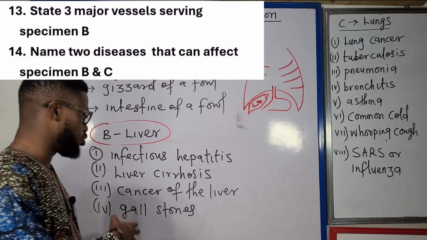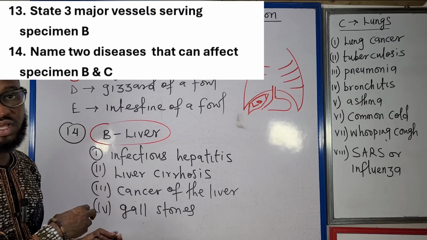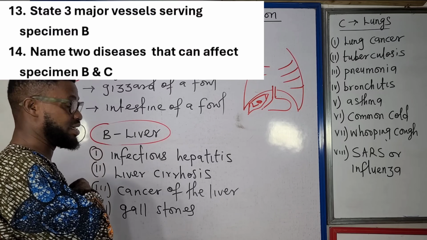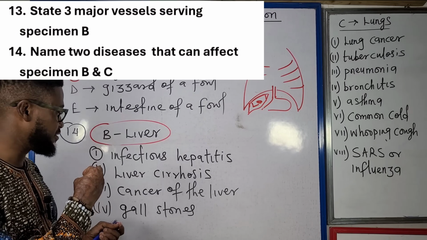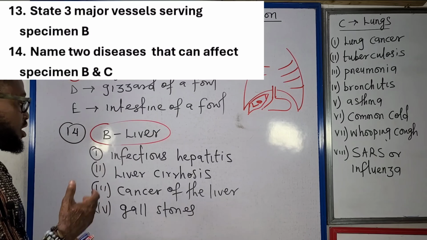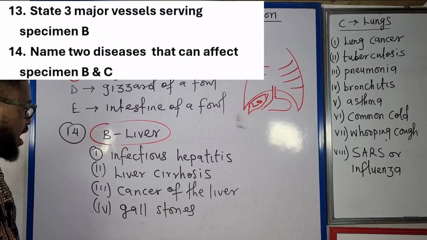Then we have gallstone, a situation whereby the bile salts in the gallbladder are obstructed and find it difficult to get into the duodenum. It could lead to jaundice and a host of other issues.